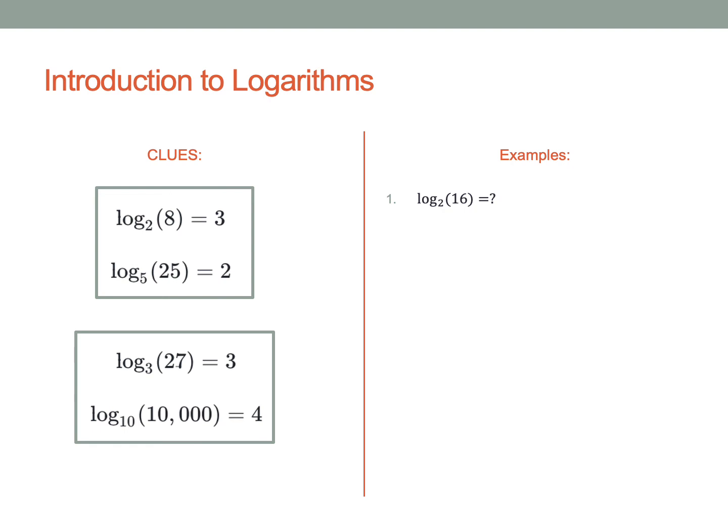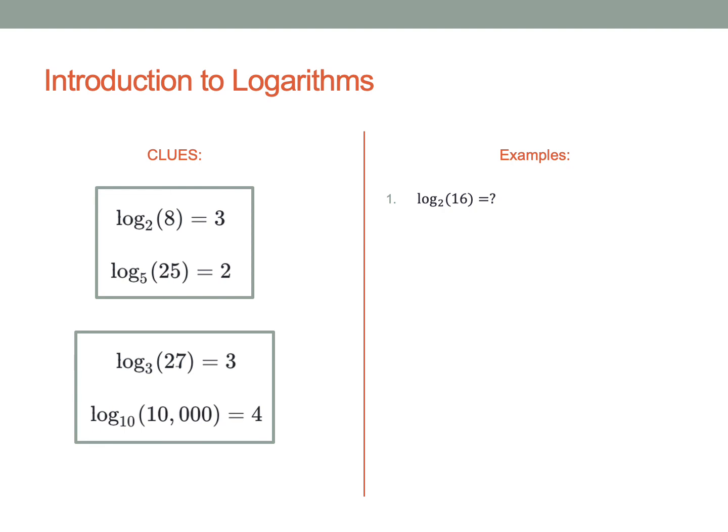The next one, you get 5 squared equals 25. And then 3 cubed is 27. So then you get 10 to the 4th equals 10,000. So those are my little snails.